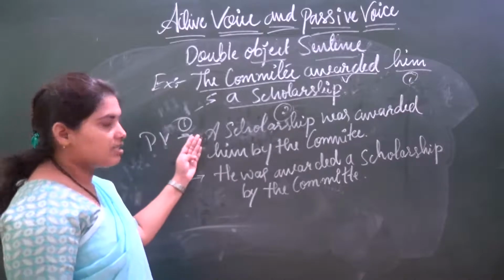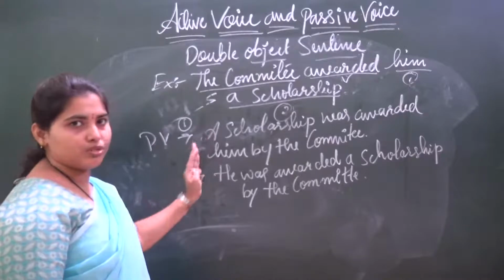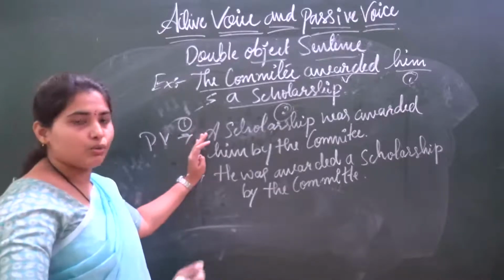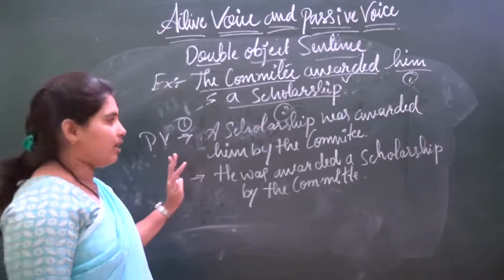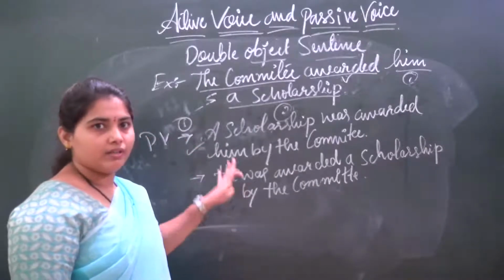You can change it this way or this way. You can change both types. So you should not write two answers for one question. Either this one or this one. Both are correct answers.